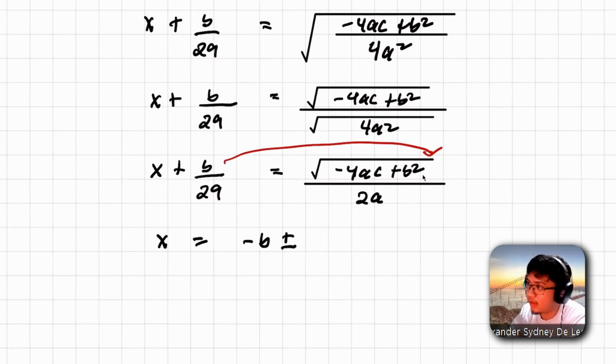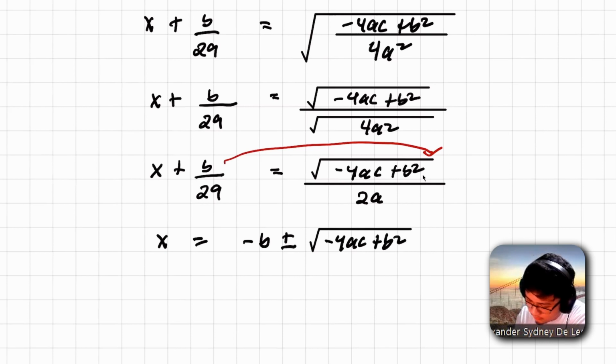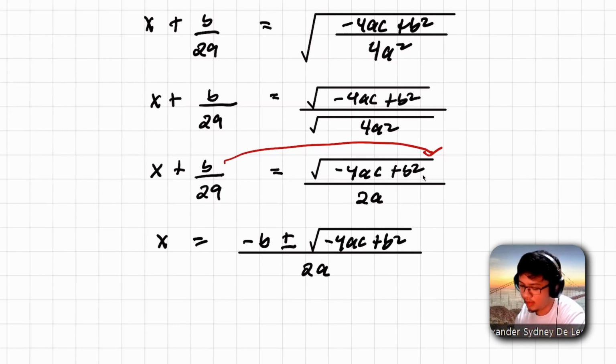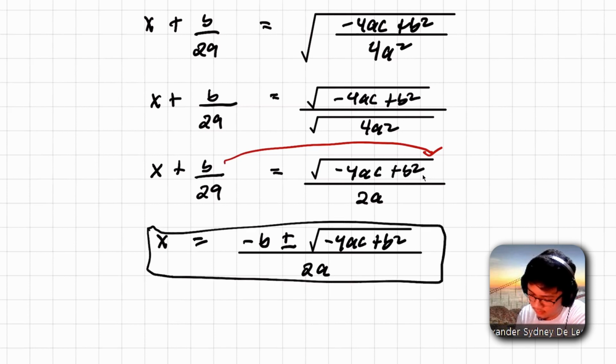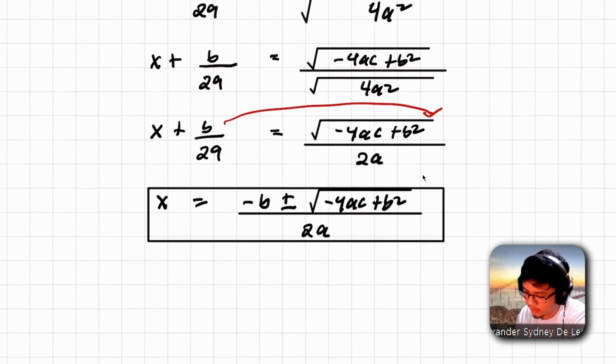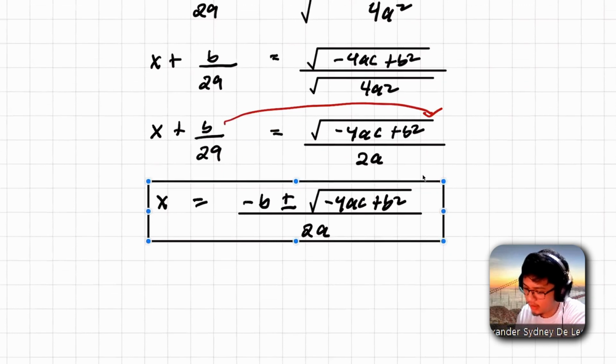So may positive negative counterpart siya, no? Kaya kailangan ilagay mo dyan plus minus. Square root of negative 4ac plus b squared over 2a. And this is our quadratic formula. No? This is it, guys. Ito yung quadratic formula na ginagamit para makakuha ng x values ng quadratic equations.